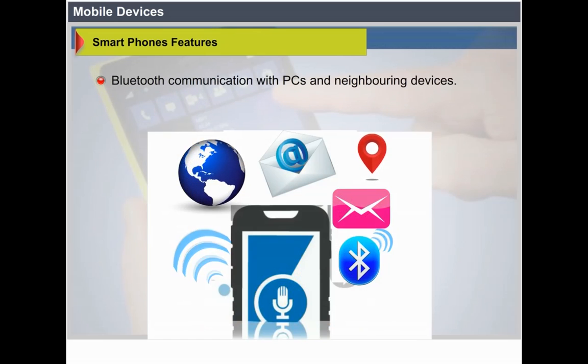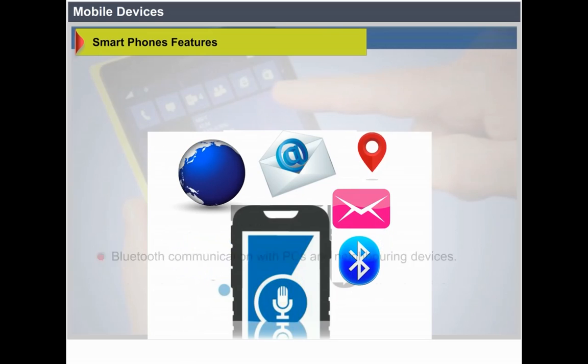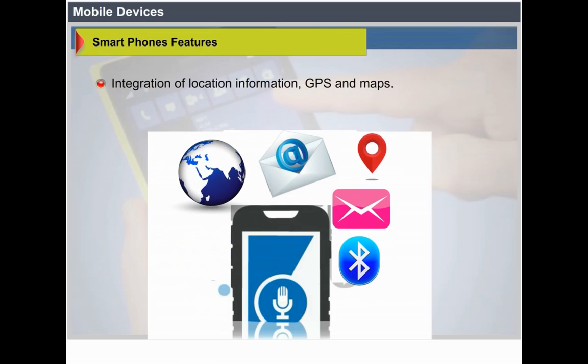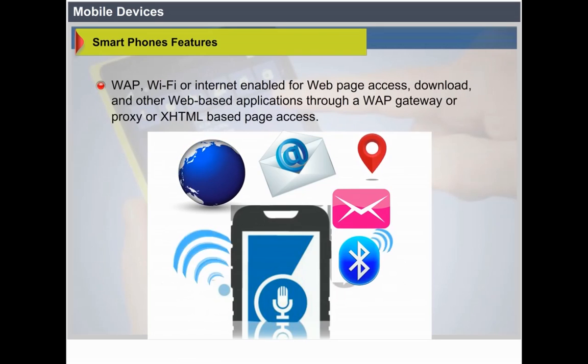Bluetooth communication with PCs and neighboring devices. Integration of location information, GPS and maps. WAP, Wi-Fi or Internet enabled for web page access, download and other web-based applications through a WAP gateway or proxy or XHTML-based page access.